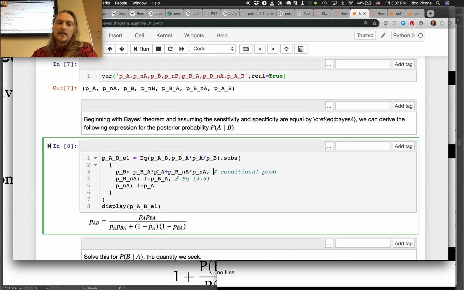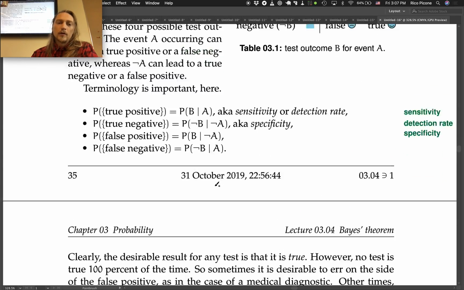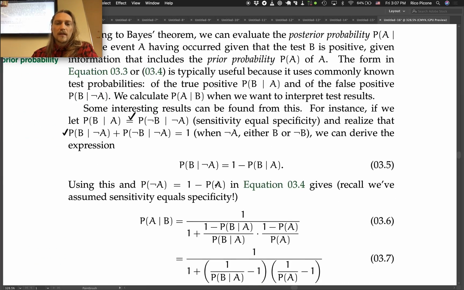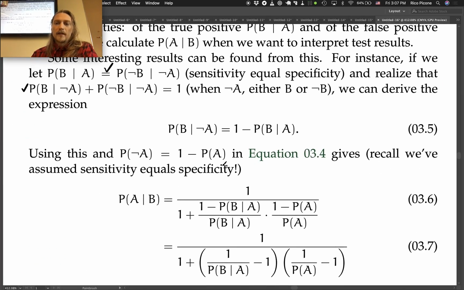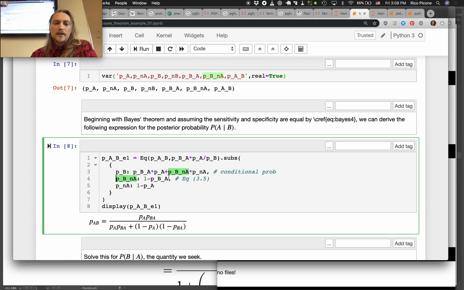I'll also make the substitution that probability of B given that not A is 1 minus probability of B given that A, which is the result that I found when I assumed that the sensitivity and specificity are the same. This is equation 3.5. So I just used that result.